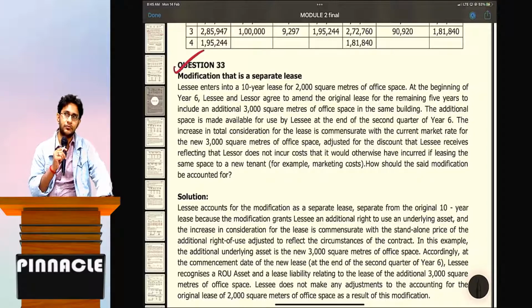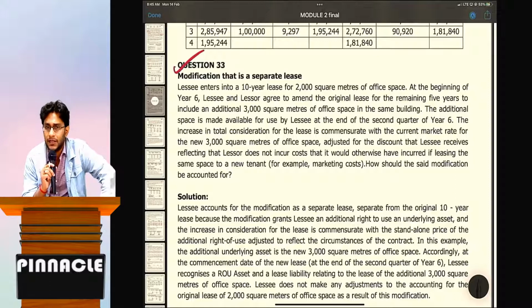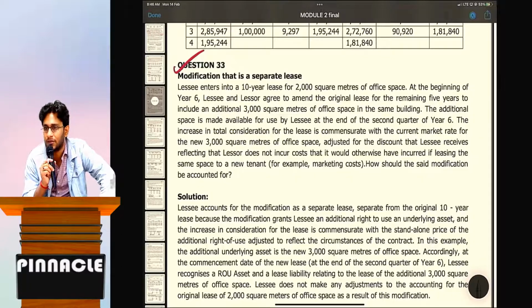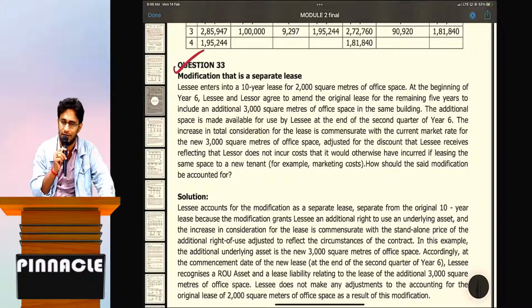So you obtained extra space at market rate only, but received some discount. The discount is given not because you are an existing tenant, but because the lessor has saved some expenses and gives them to you as a discount.